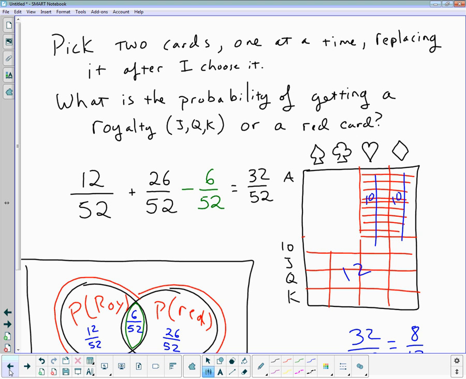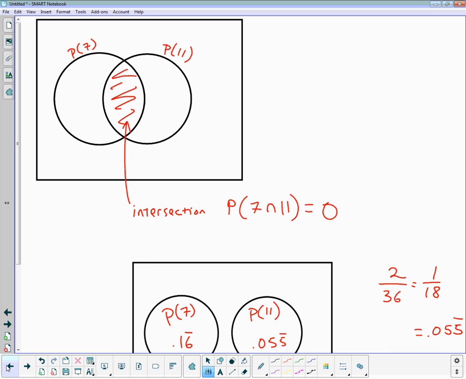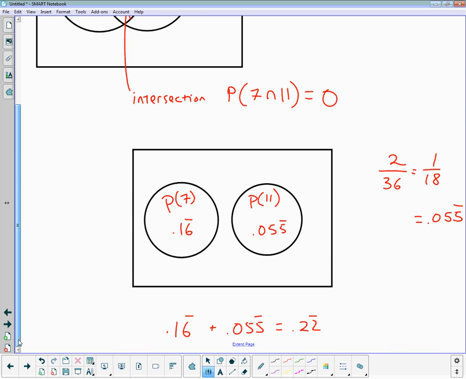Oh, by the way, there was a term that I wanted to talk about that I should have said here. These are disjoint sets. They're also known as mutually exclusive. So mutually exclusive means if this one happens, it excludes the possibility of the other.